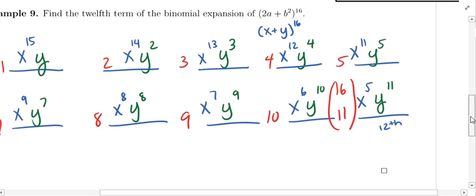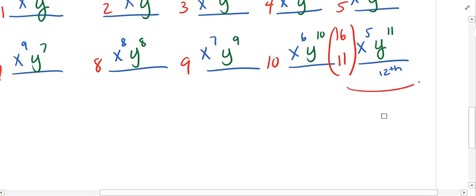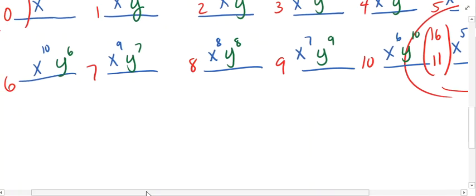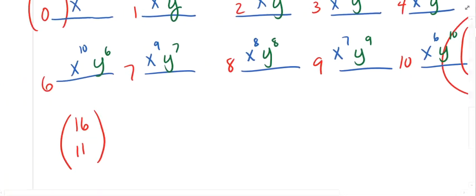So here is our term that we're interested in. Let me write this out. Our term is going to be 16 choose 11, times x to the 5th times y to the 11th.